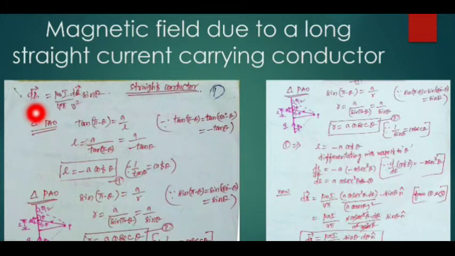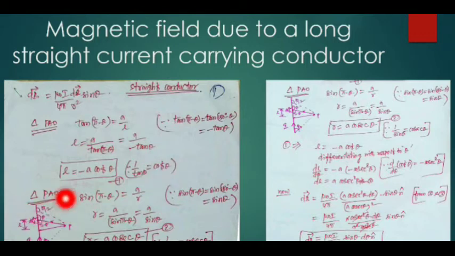dB is equal to mu naught I divided by 4 pi dl divided by r square into sine theta. From the triangle PAO, I'm taking tan(180 minus theta) equal to A by L. Therefore, L is equal to A divided by tan(pi minus theta), which is equal to A divided by minus tan theta, because tan(180 minus theta) is equal to minus tan theta. So L is equal to minus A cot theta, because 1 divided by tan theta is equal to cot theta, right?